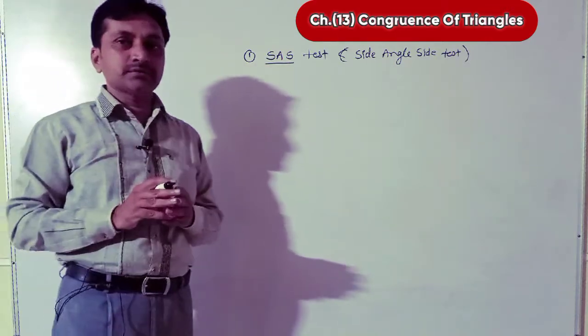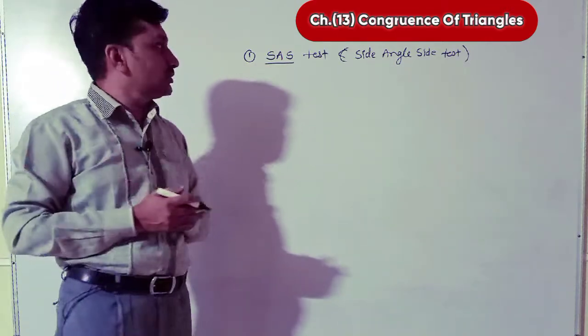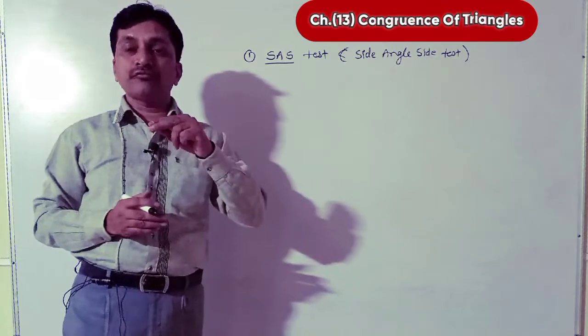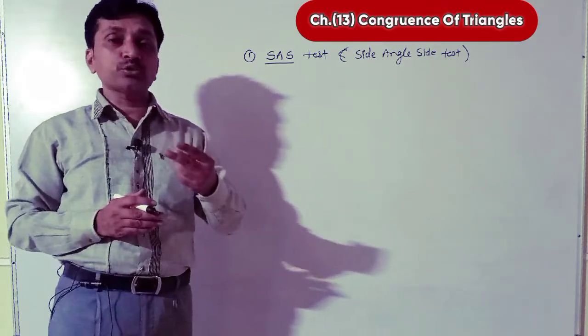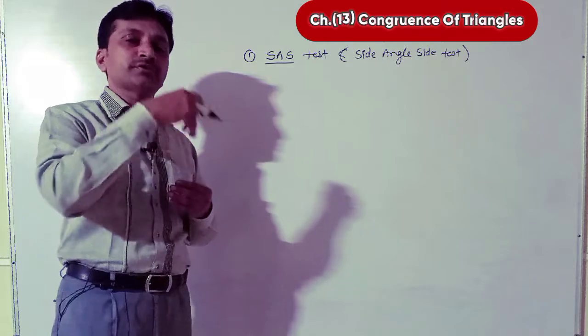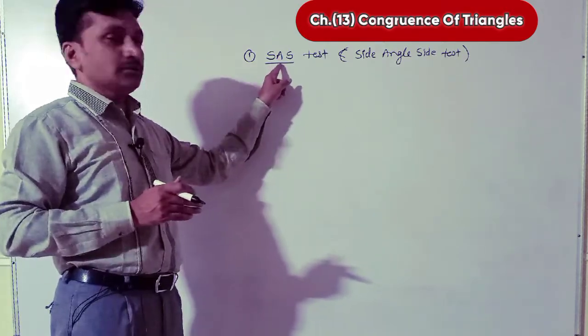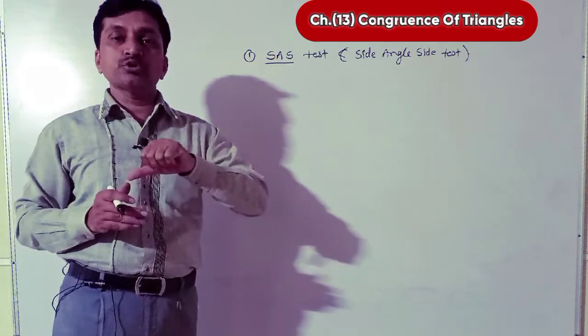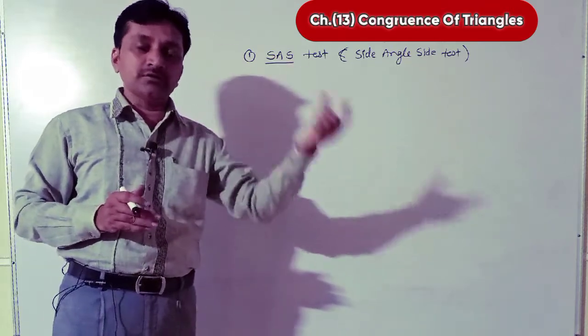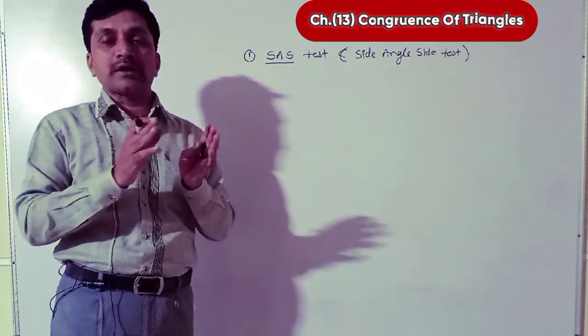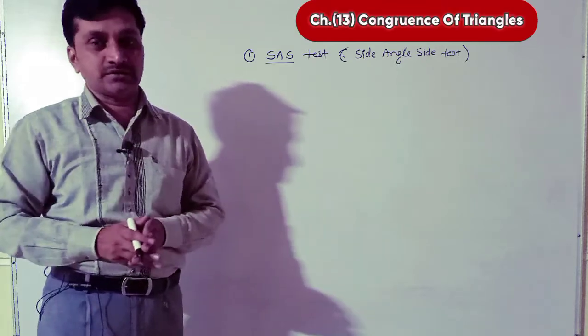Now the statement of the test is, if two sides of one triangle are congruent with corresponding two sides of the other triangle and included angle of one triangle is congruent with included angle of the second triangle, then these two triangles are congruent by SAS test.